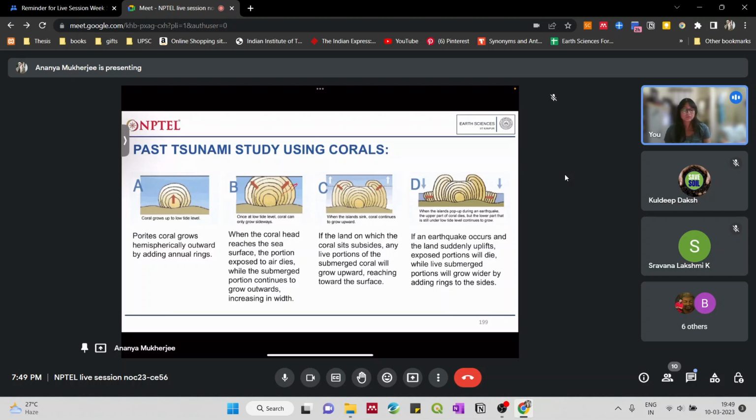You can see over here it is growing on the sides. Now if the islands sink due to subsidence from the tsunami that has occurred, the part which was growing sideways now starts growing upwards.